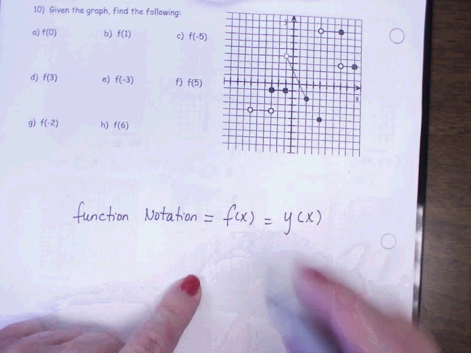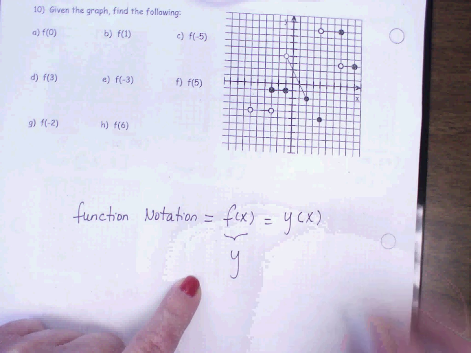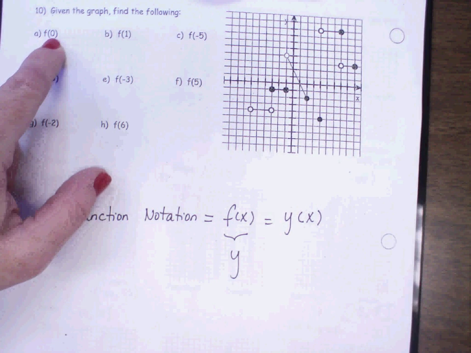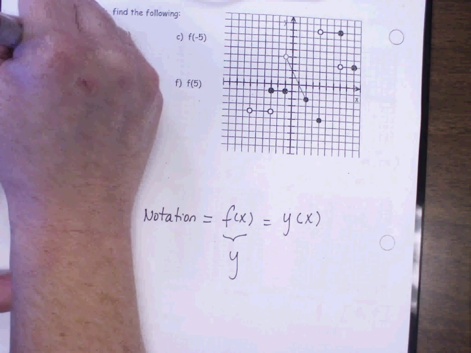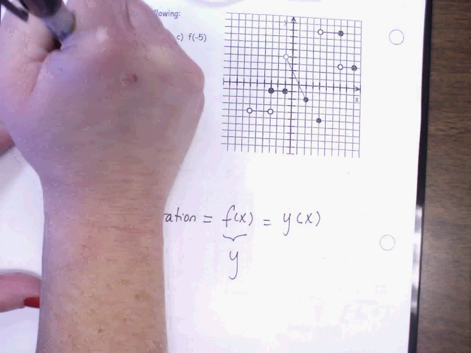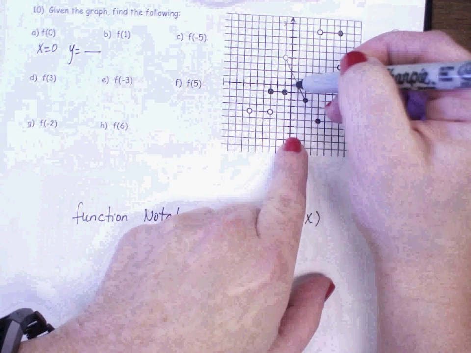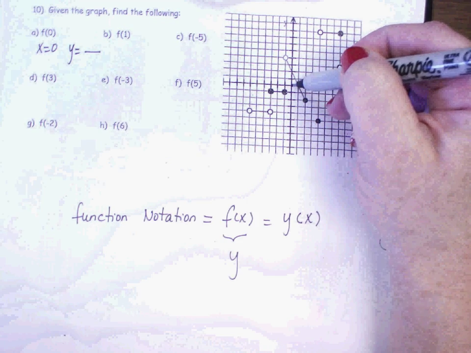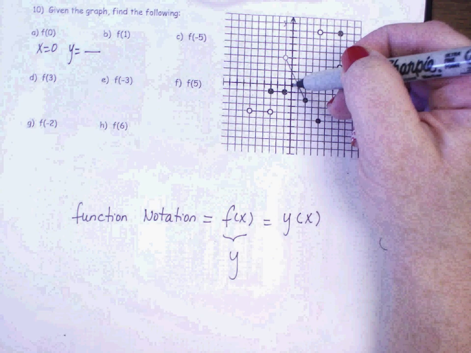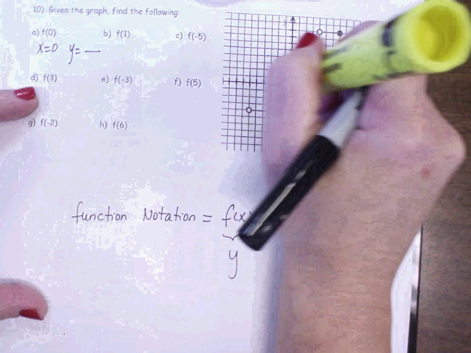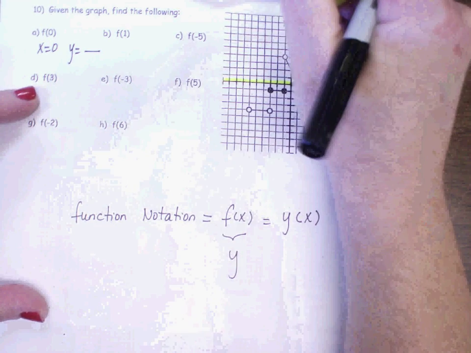Okay? So this number is your x. Basically, it's asking you when x equals 0, what is y?